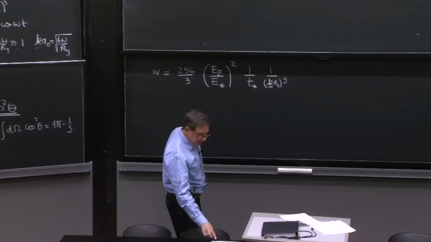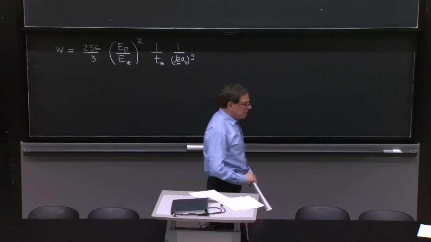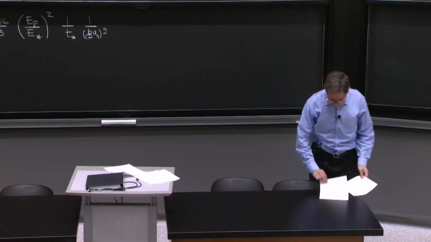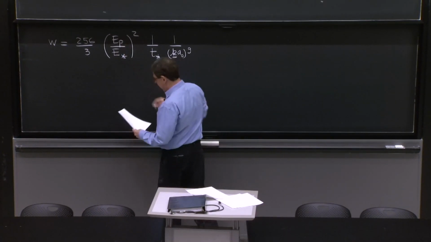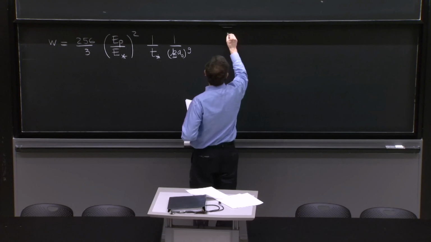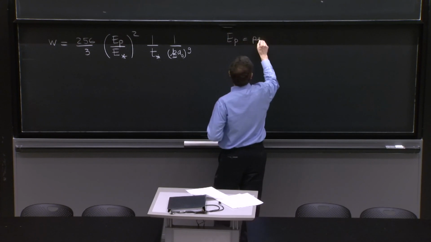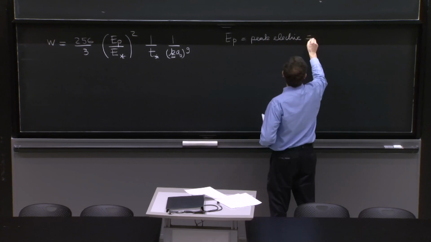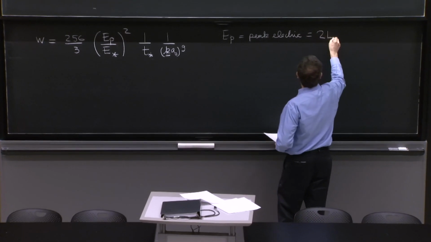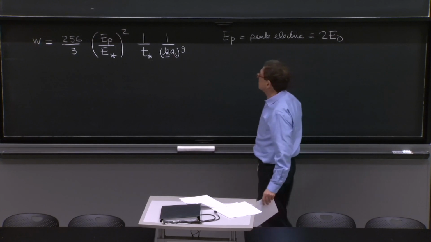Now, what are these other quantities? These quantities are simple. EP is the peak electric field in the wave that you've sent in, so it's 2 E naught.